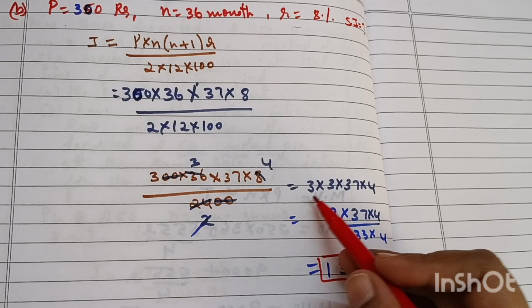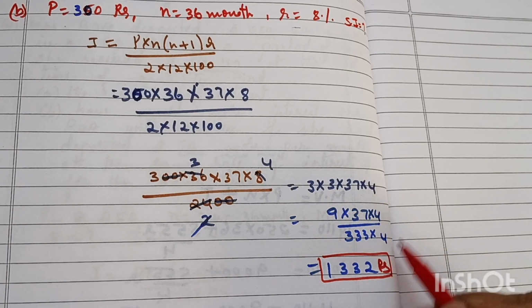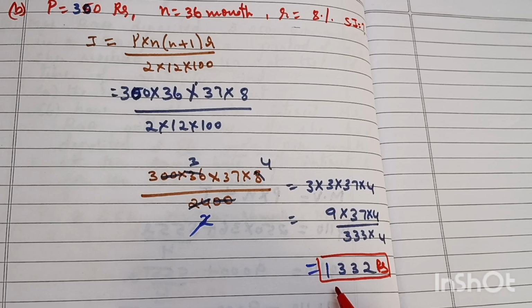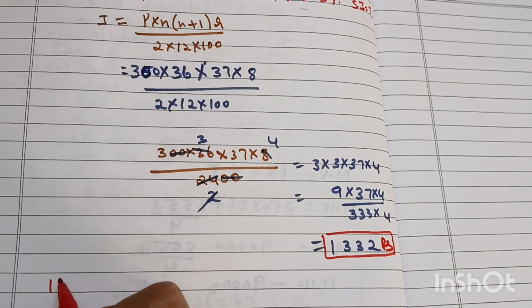Just multiply here: 3 into 3 is 9, 9 into 37 is 333, into 4 is 1332 rupees.